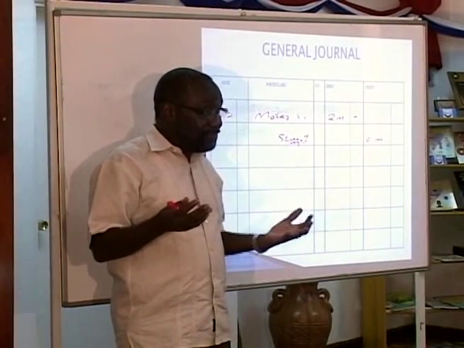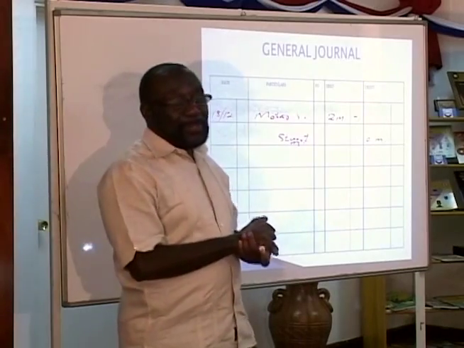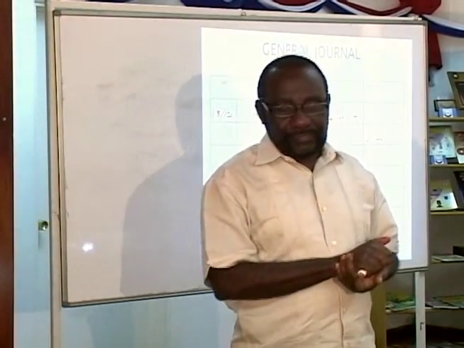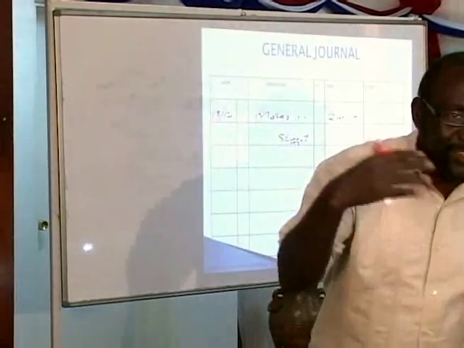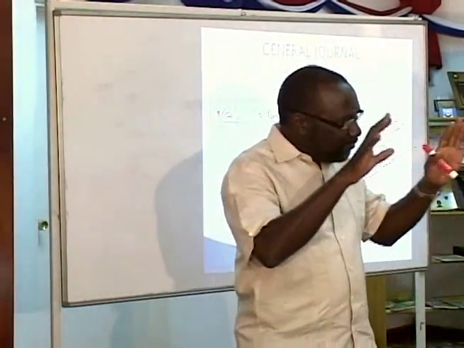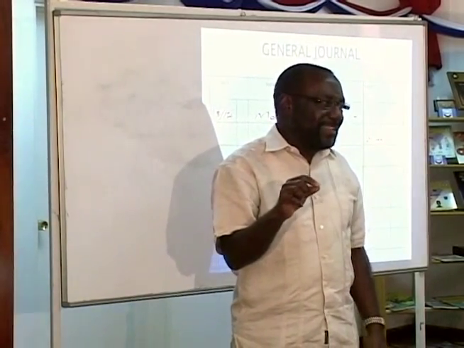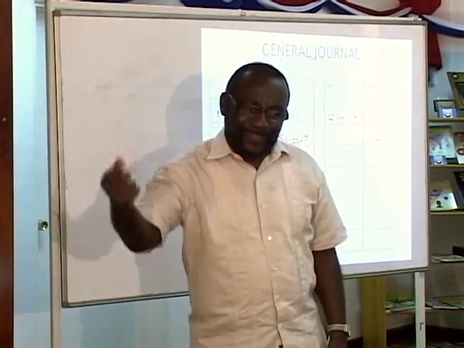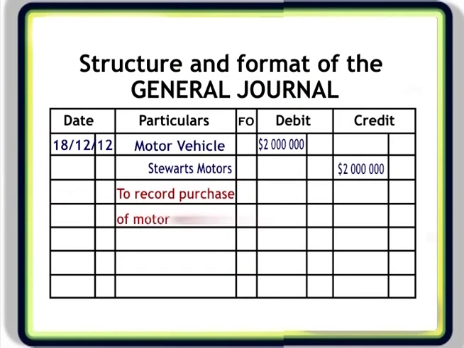Wasn't that what we recorded? Yes. When you look at some textbooks, especially the traditional textbooks, they have a nice way of putting it. Being the recording of the purchase of motor vehicle. But all that we have done is that we have recorded the purchase of motor vehicle. So that would be the narration.